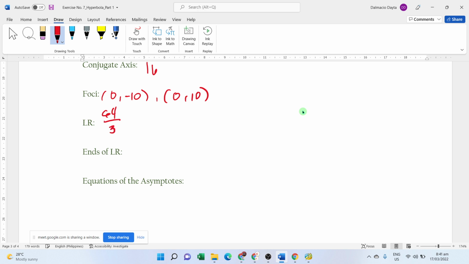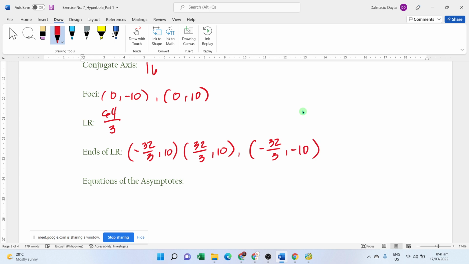64 over 3. Ends of LR, negative 32 over 3, 10. Next. 32 over 3, 10. Okay, next. Negative 32 over 3, negative 10.